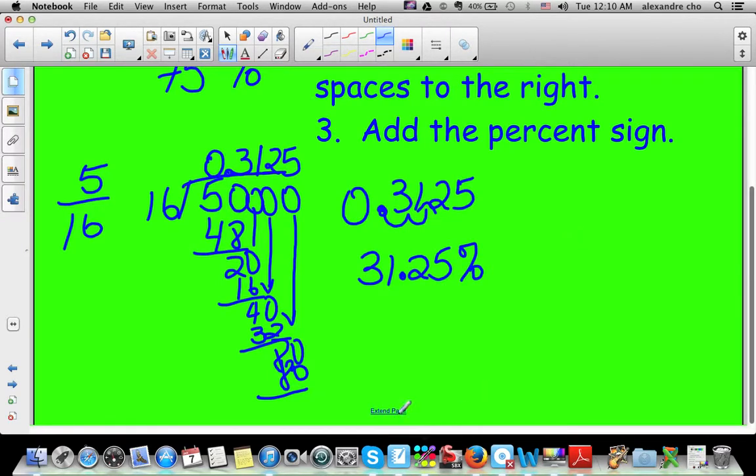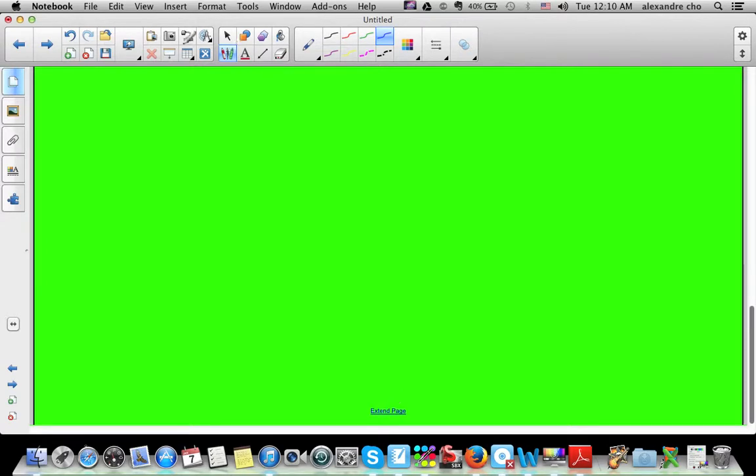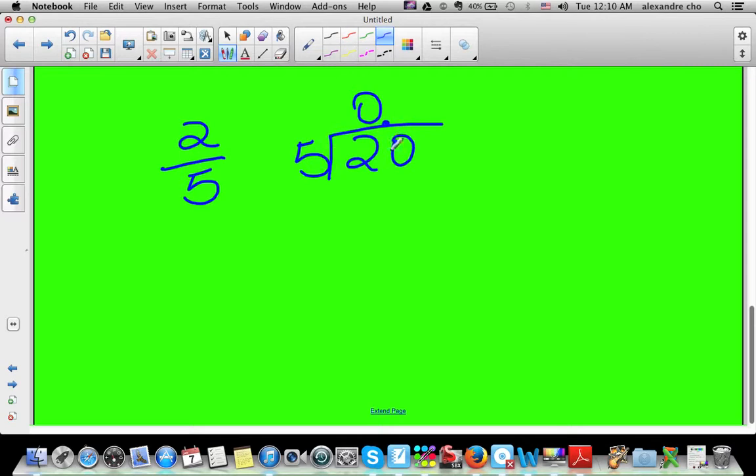Okay. The other question was 2 over 5. That was a much simpler one. 2 over here, 5 outside. 5 does not go into 2, so add a 0. 5 goes into 20 4 times. That was easy enough. So 0.4 is what 2 over 5 looks like as a decimal. So we're going to change this to a percent.